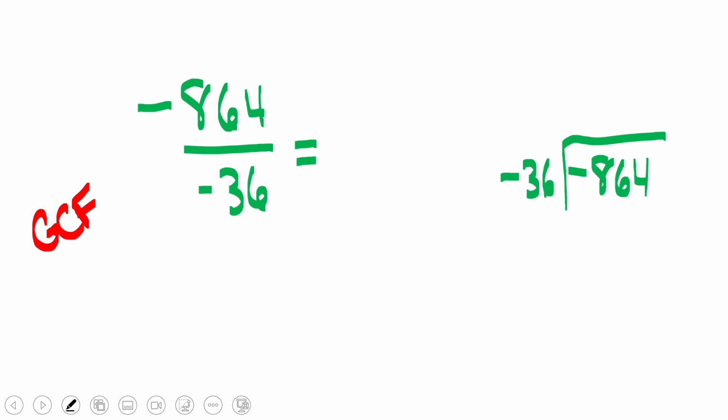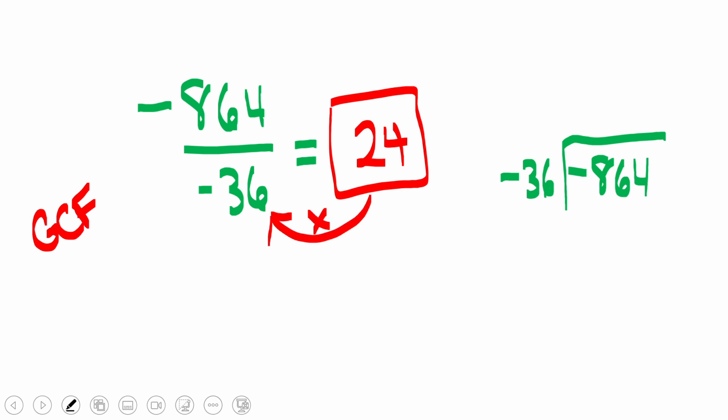However you work this, your answer will be 24, meaning 24 times negative 36 is negative 864, your big number, working in reverse from division.